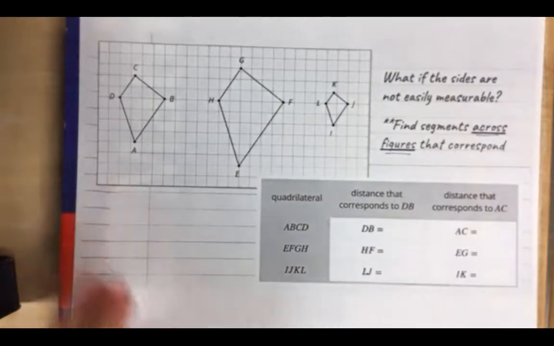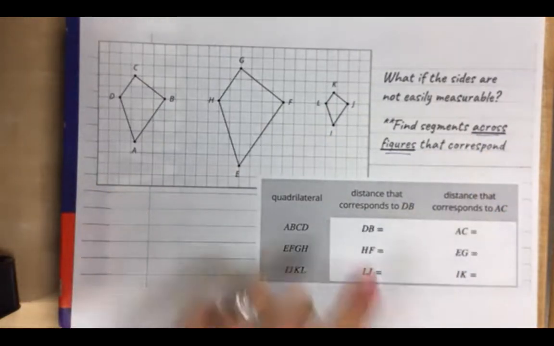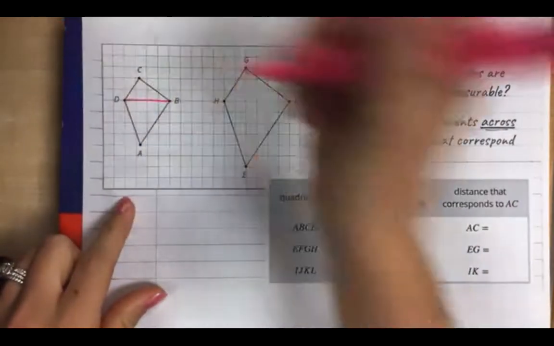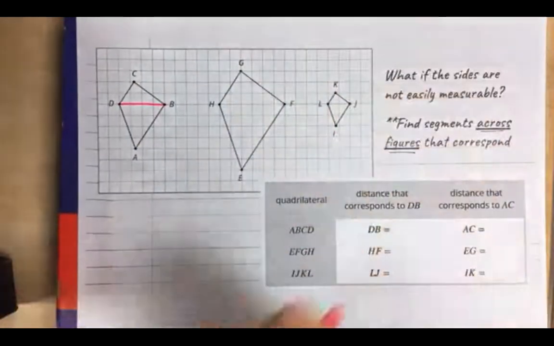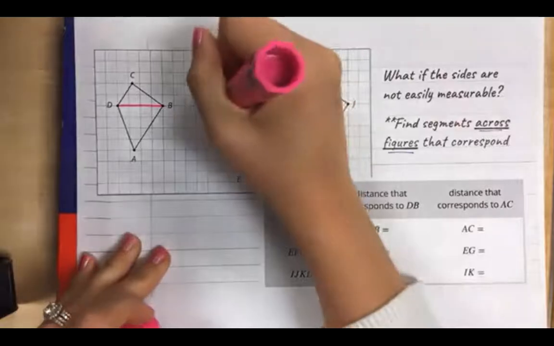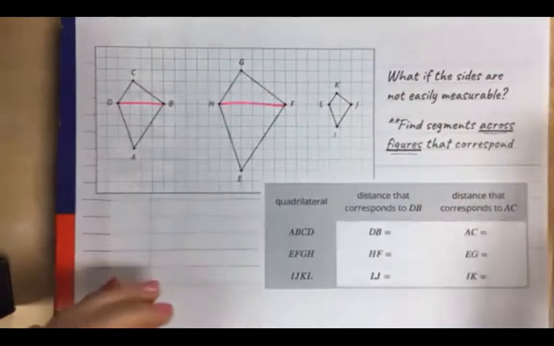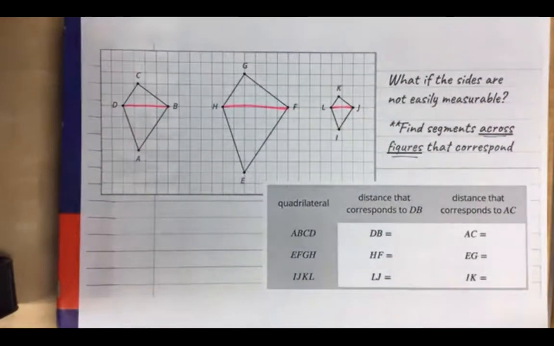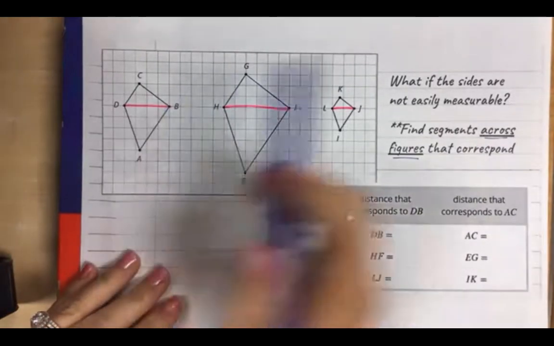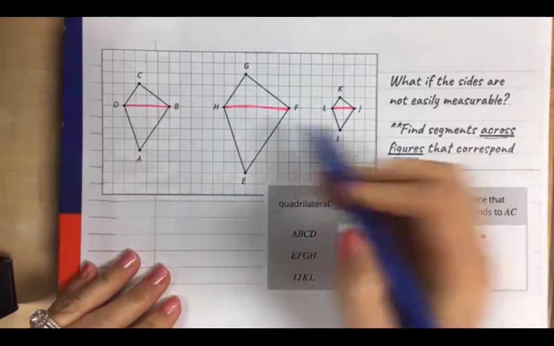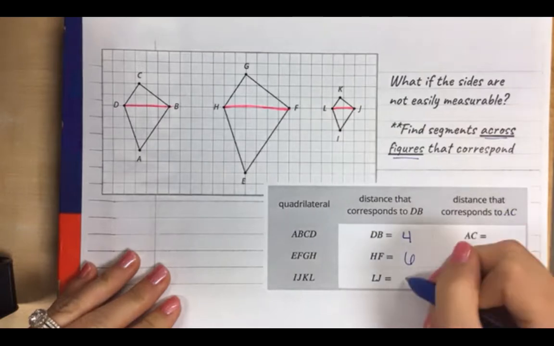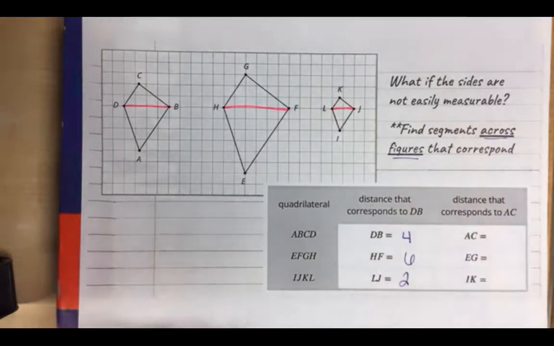So I'm gonna measure segment DB now. I'm gonna measure from D to B and H to F, because these are corresponding segments, and L to J. And I'm just gonna measure how many squares they take up. D to B is 4, H to F is 6, and L to J is 2.